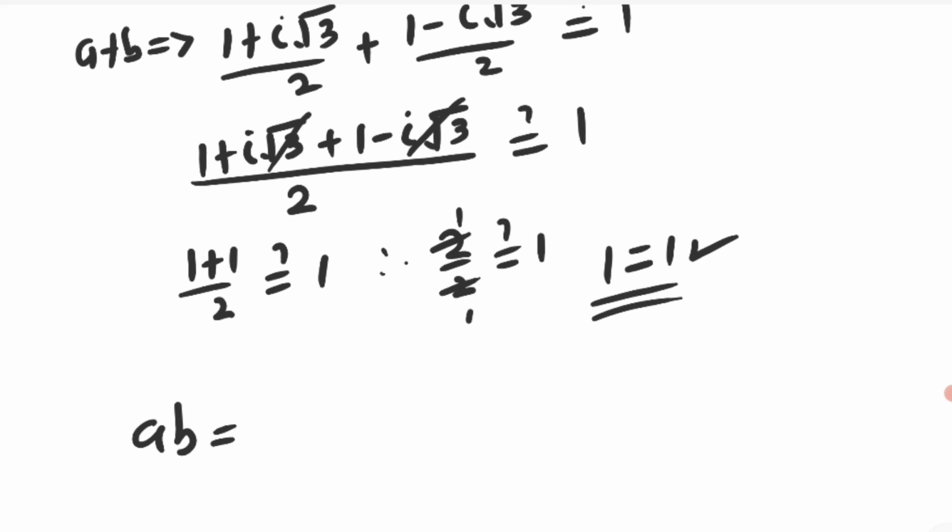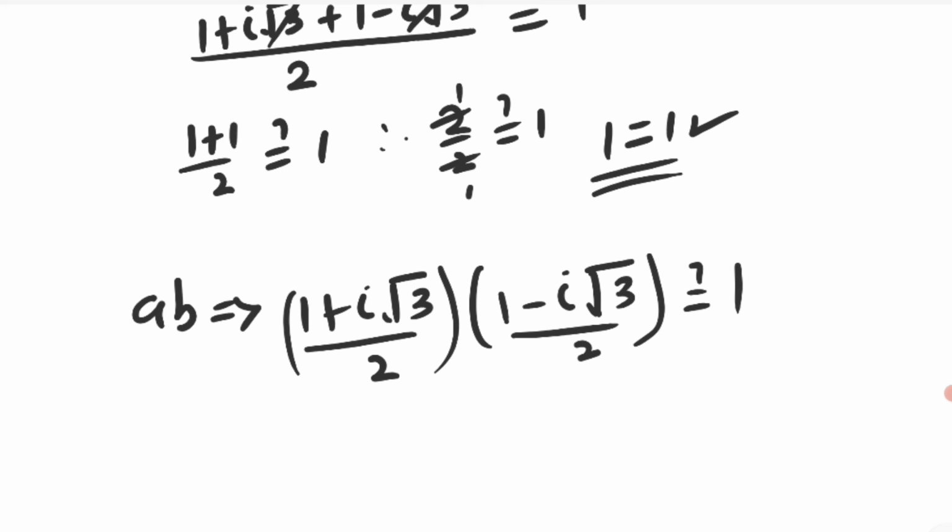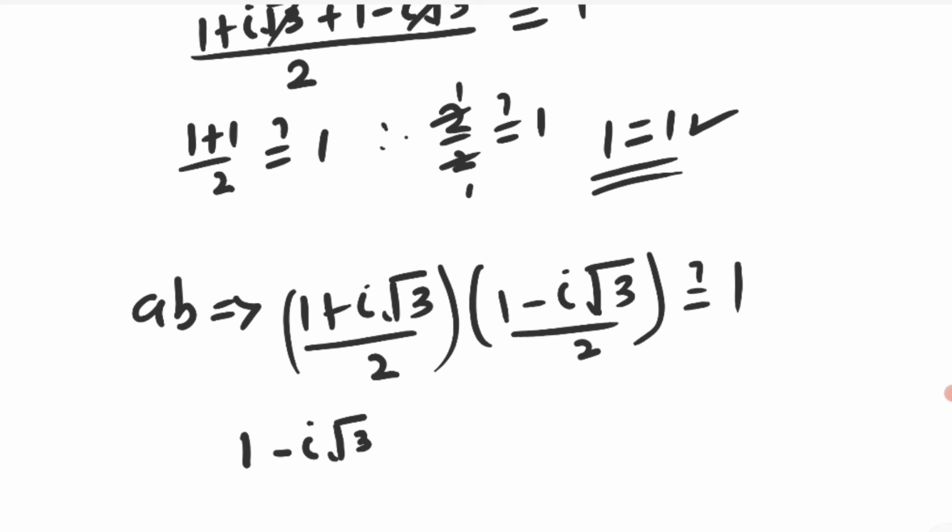Now, let's consider AB. This is the same thing as 1 plus I root 3 over 2 multiplied by 1 minus I root 3 over 2 must be equal to 1. Then here 1 times 1, that is 1. 1 times minus I root 3, this is minus I root 3. I root 3 multiplied by 1, this is plus I root 3.